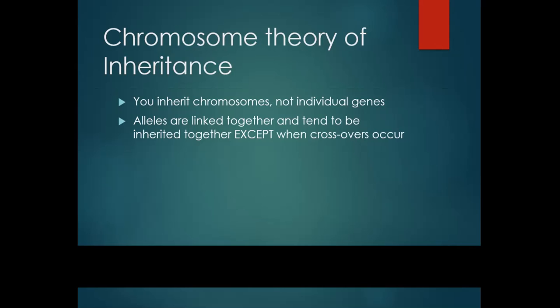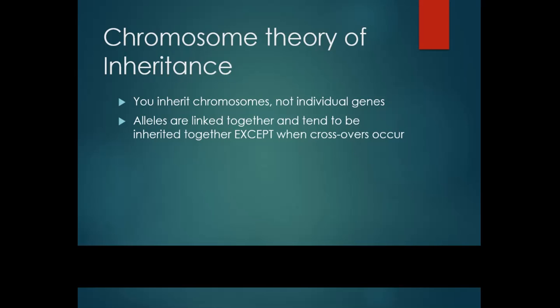Okay? The last thing to talk about quickly is the chromosomal theory of inheritance, which basically says that because genes are on chromosomes, if you have 2 genes that are on the same chromosome, you will tend to inherit those alleles together unless there's crossing over between those genes.